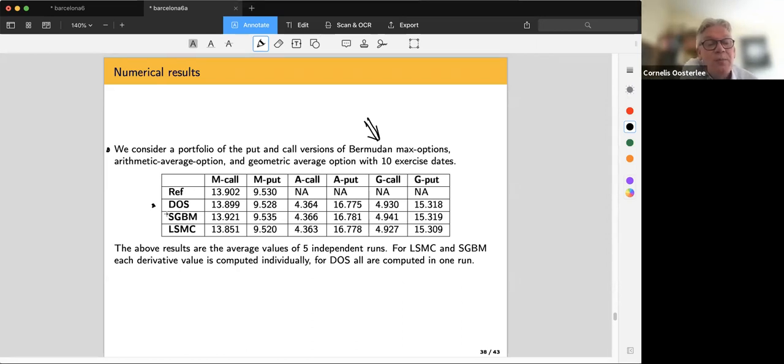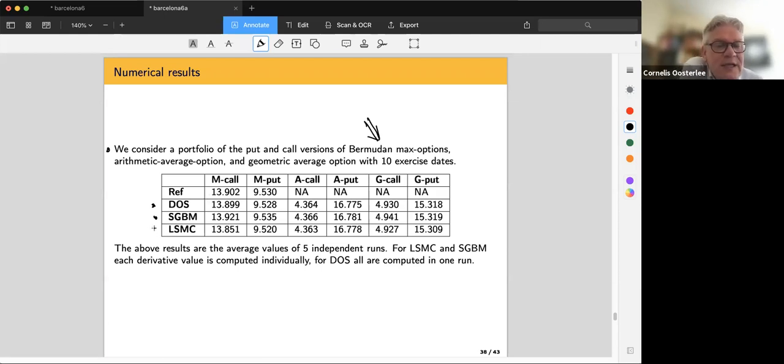Our deep optimal stopping variant has values that coincide very well with the references: 13.899 and 9.528. SGBM from last time is a little bit too high, and LSMC, the Longstaff-Schwartz least squares Monte Carlo, is a little bit too low.